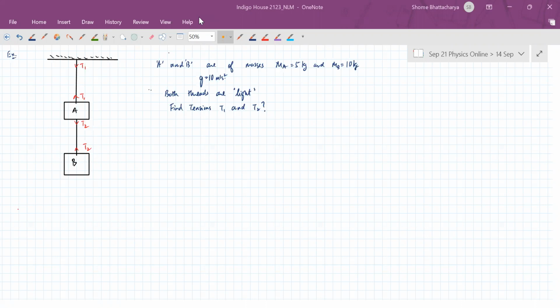Okay, so basically, as you would have all understood, all you have to do is make the free body diagrams of A and B. Problem cannot get easier than this actually.